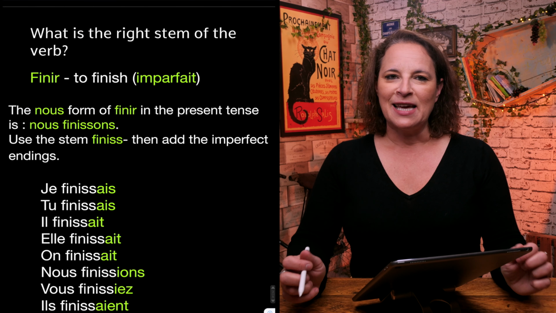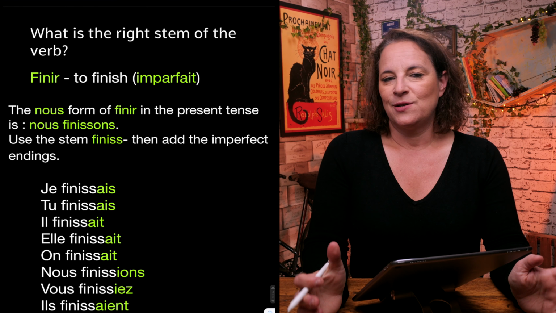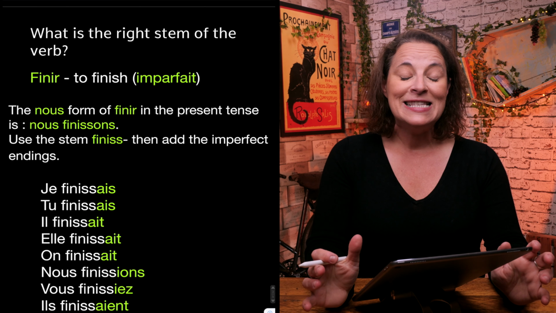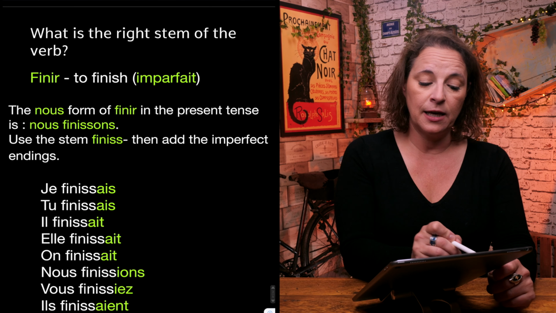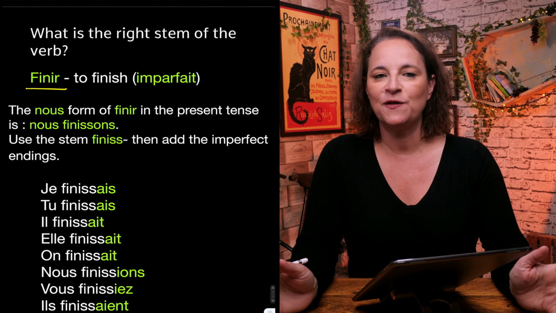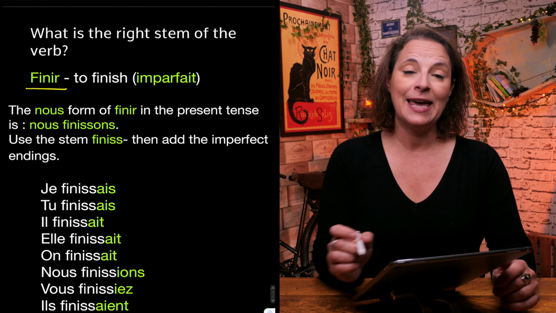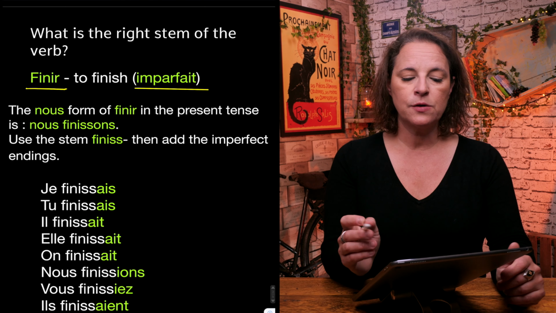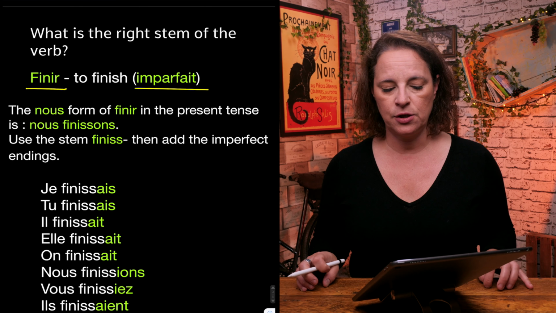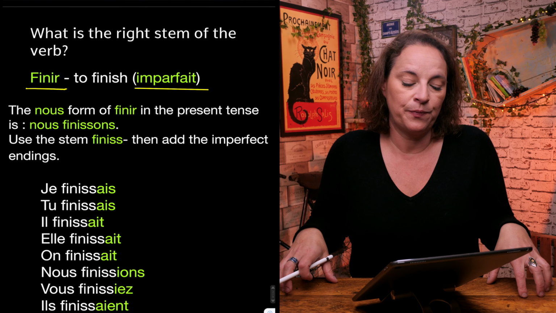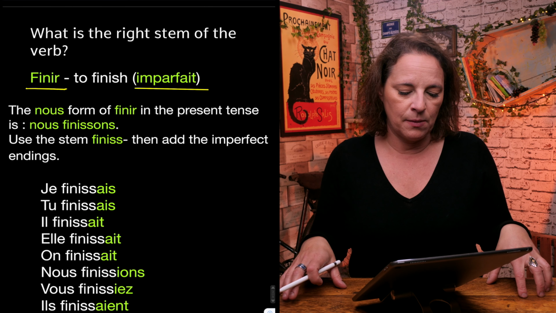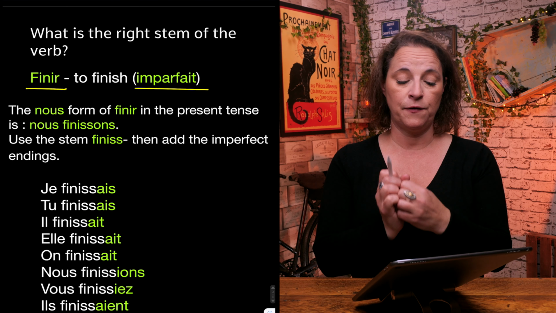What is the right stem of a verb when it comes to IR verbs? Listen to me really carefully because it's quite tricky. For finir, to finish, an IR verb, in the imparfait, we want to say, I used to finish or I was finishing. But how are we going to create that in French? Well, you need the right stem. How do you get the stem for finir?